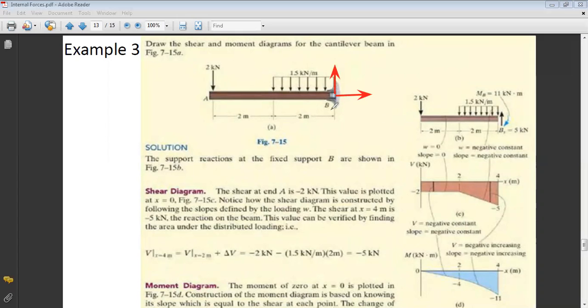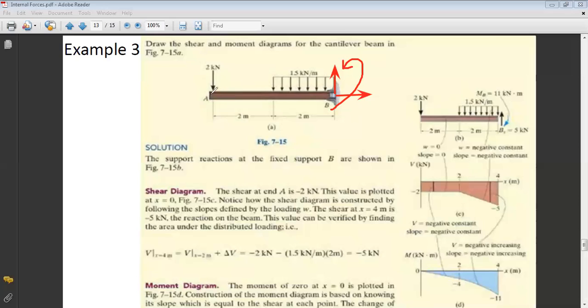There is no need to start by calculating the reactions at the fixity, because I can start from A to B. So if I start from A to B, I don't need to find the reactions. But we will see together that if you calculate the reactions, you can use them as verification for your results. You will see how.